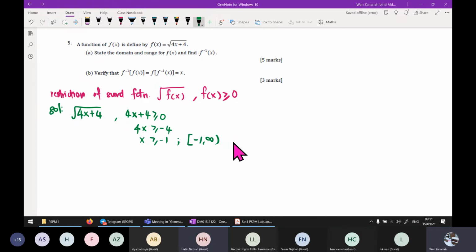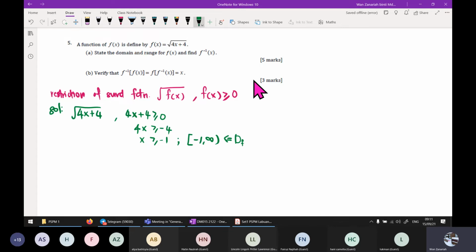Ini apa sebenarnya yang kita cari ni? Domain of f. Ni huruf D, domain of f.